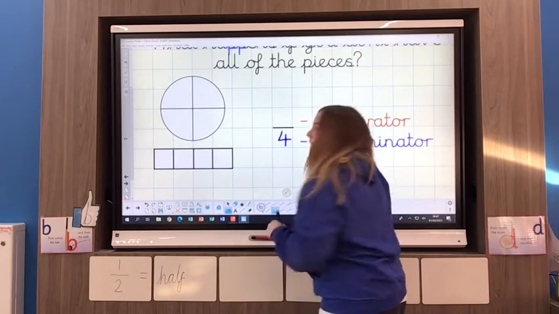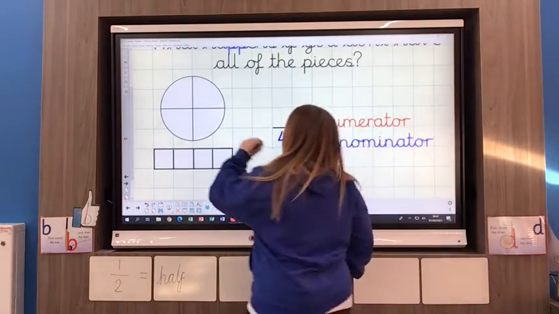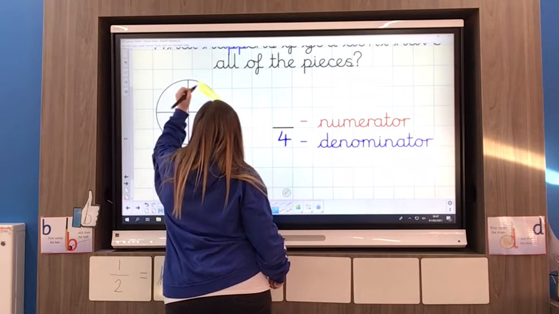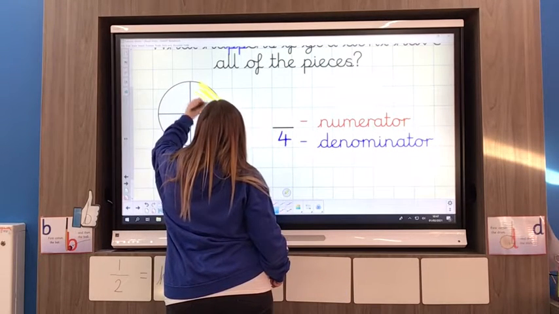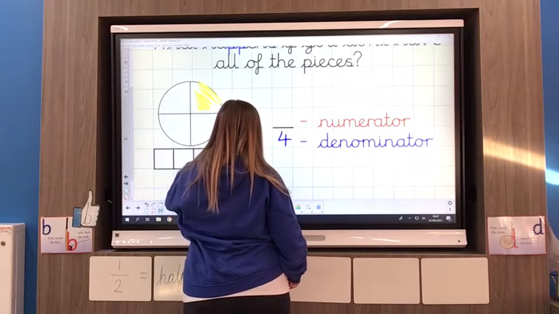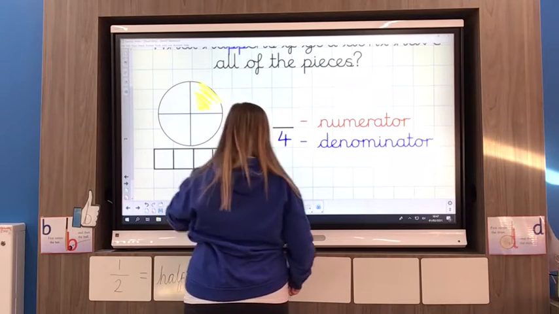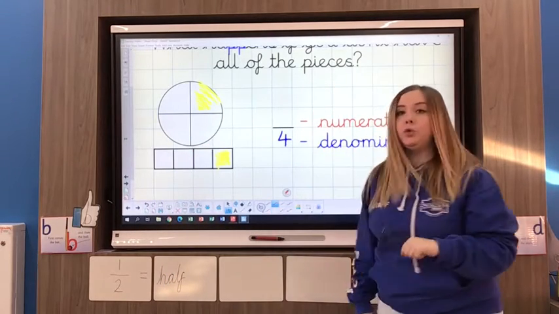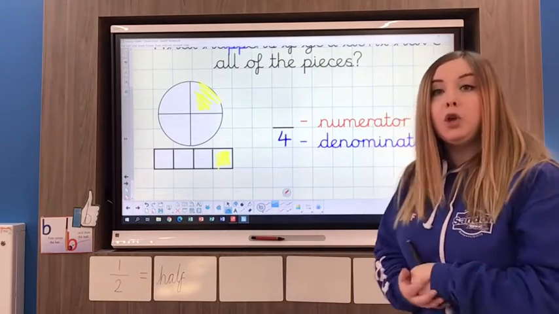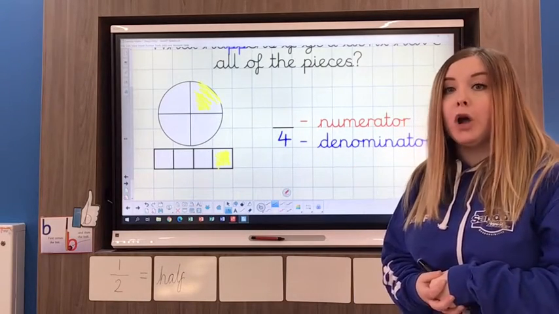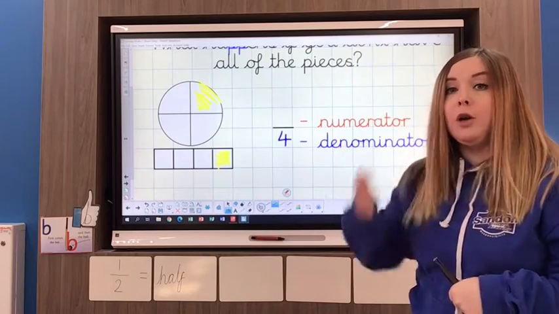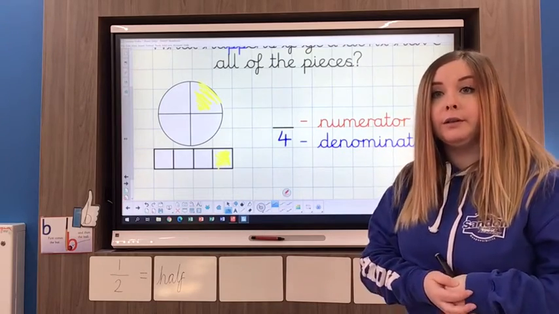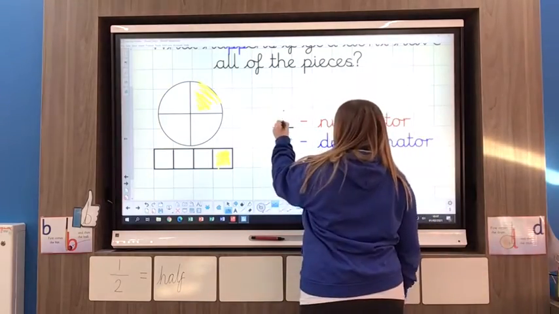And then I'm going to give myself some of these. So I'm going to have just 1 to begin with. So where would my number 1 go if I've got one of those parts? Would go at the top. Brilliant.